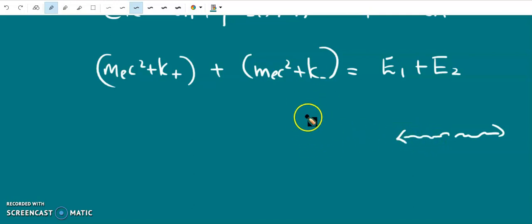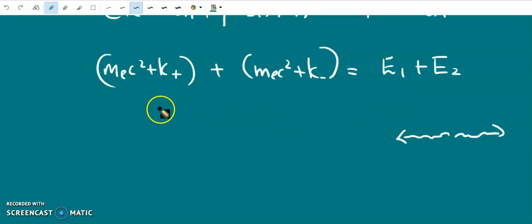So the momentum before the process is 0, and therefore they have equal and opposite momenta, and therefore they have equal energies. So those 2 me c square energies are equally divided between those 2 photons. So the 2 annihilation photons have equal energies.